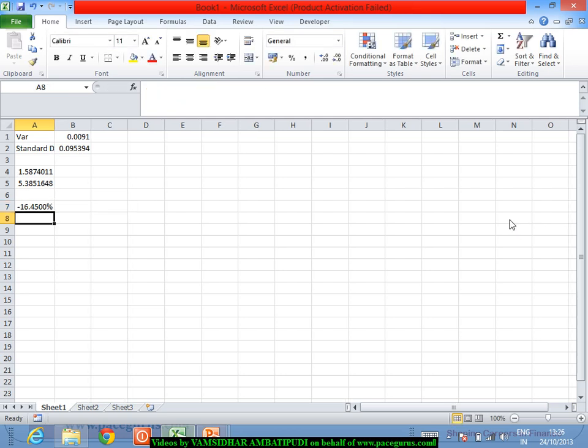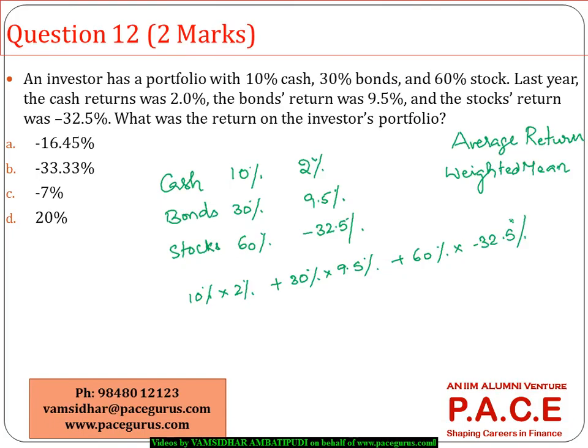Minus 16.45% is the number that is coming out, which means I can directly choose option choice A here. Whenever we are talking about a weighted average, if my weights are already in percentage form, I can directly multiply those percentages with the appropriate values to arrive at the weighted average in the data.